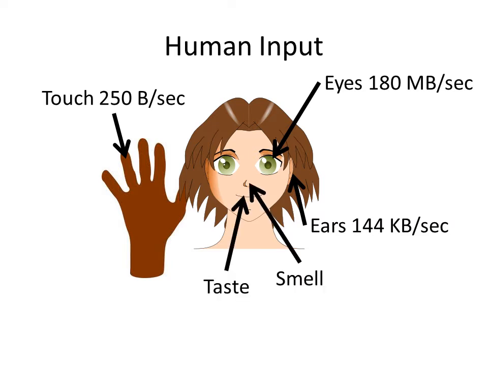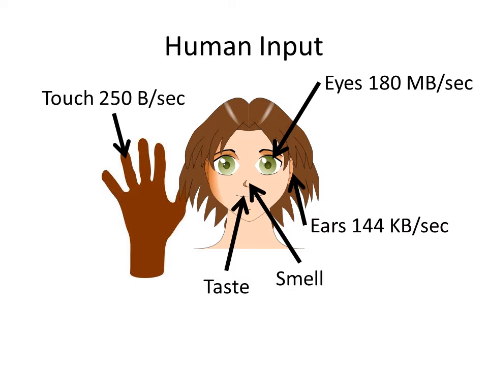Now, taste and smell, we're going to ignore them completely for a number of reasons. The first reason is we don't have a good mechanism for generating tastes or for generating smells. There are some experiments, but they're not very good. So we don't have a technology. Second thing is the bandwidth, that is the amount of information, is very, very low.